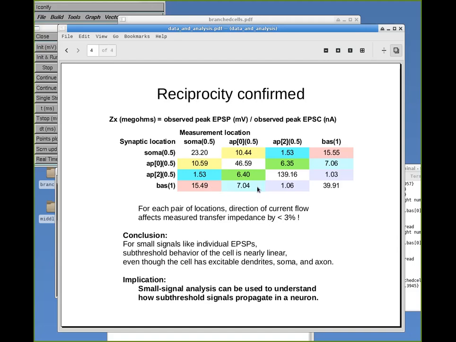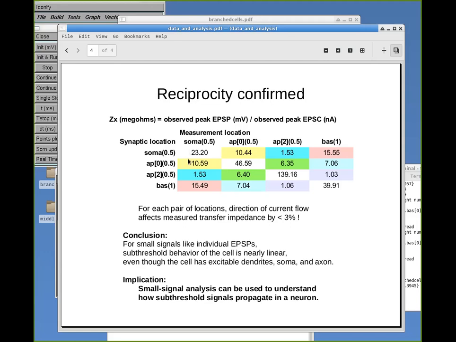Between the distal end of the basilar and the mid of apical 2, apical 0 also, and likewise between the end of the basilar and apical 2. The transfer impedance is independent of direction of current flow within about 3%.